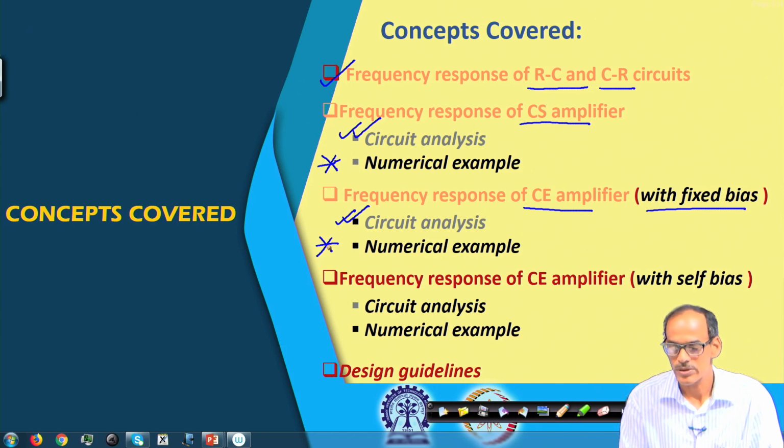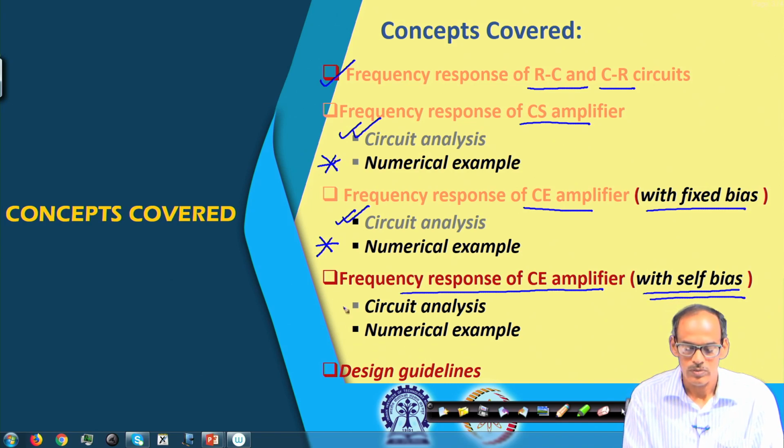But before that we are going to discuss the frequency response of common emitter amplifier with self bias arrangement. So, we are going to start with the common emitter amplifier with self bias and its corresponding circuit analysis, and later on of course, we will discuss numerical examples.